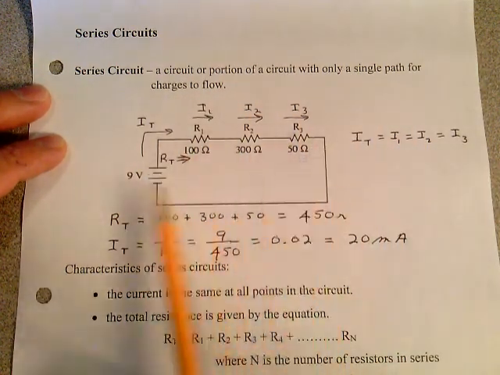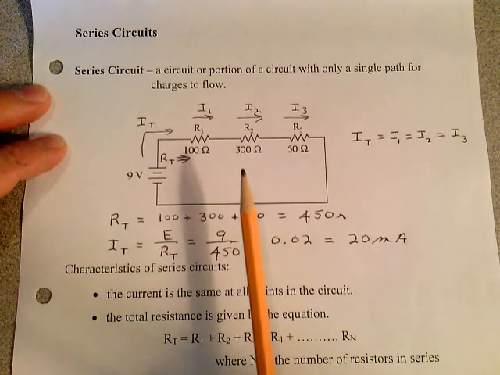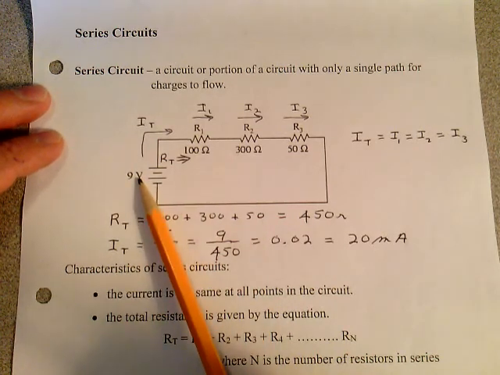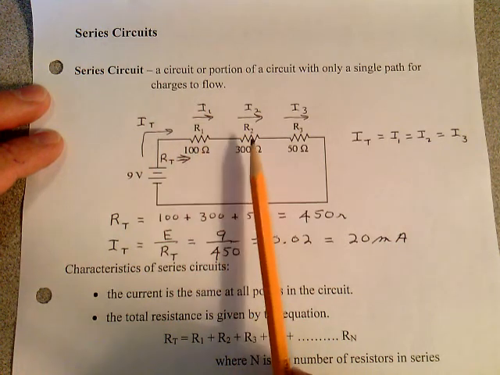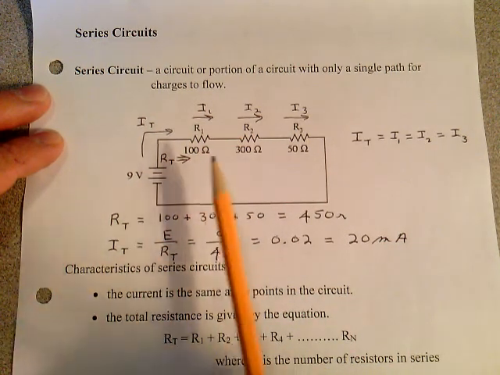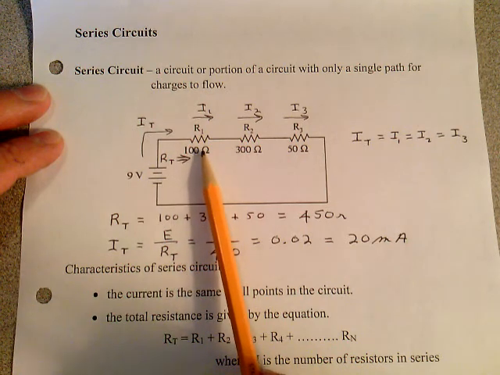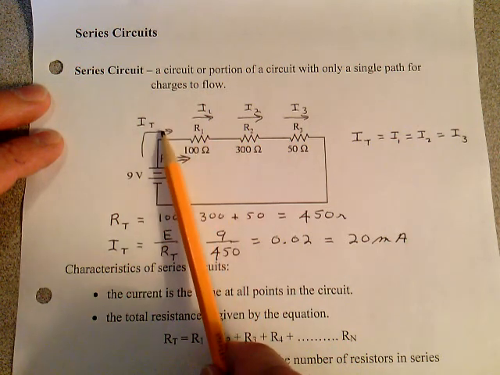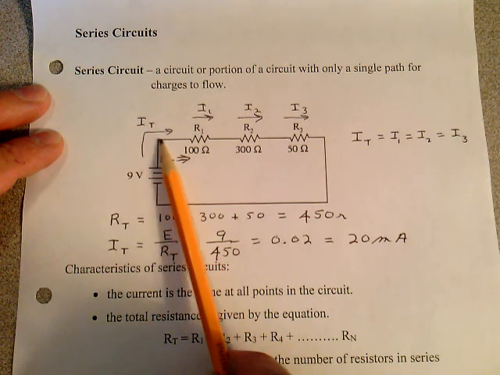Here's an example of a series circuit with three resistors in it. We have a source of EMF, 9 volts. I made up a voltage here. And we have three resistors, R1, R2, and R3. I want you to notice that the total current flowing in this circuit is this current here.